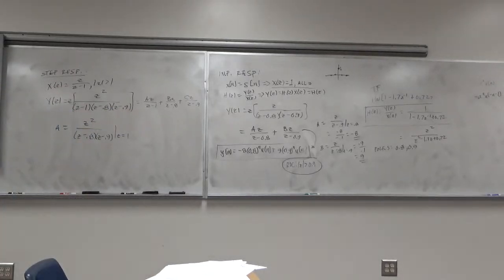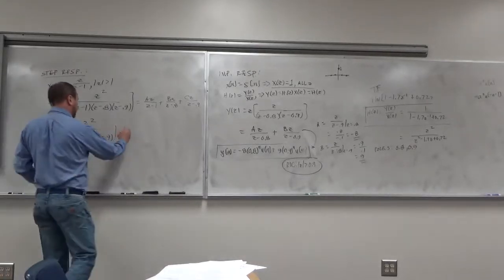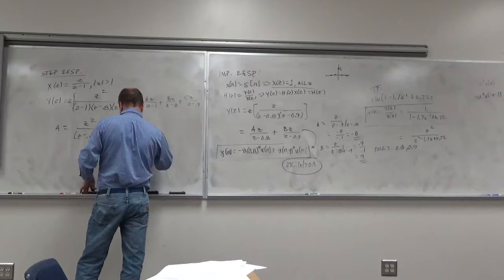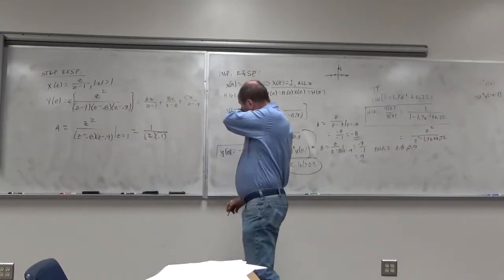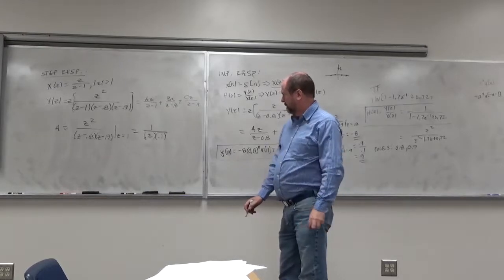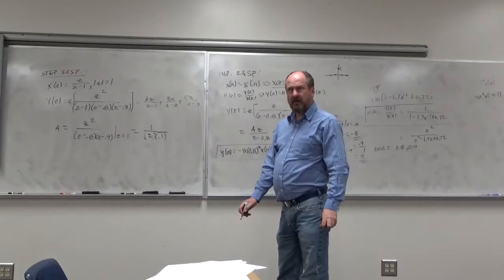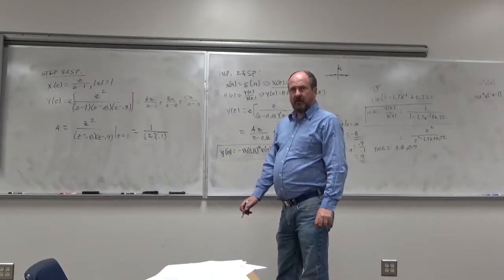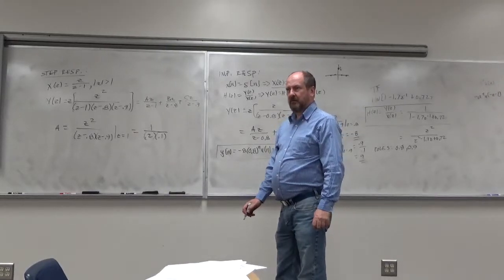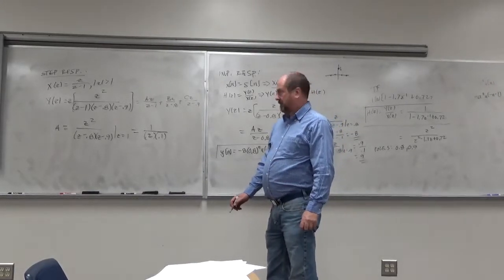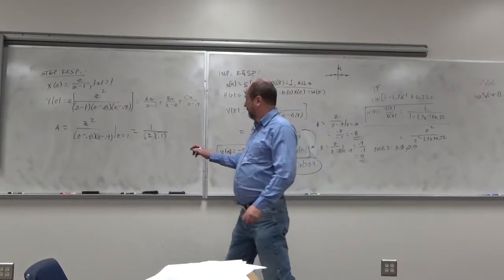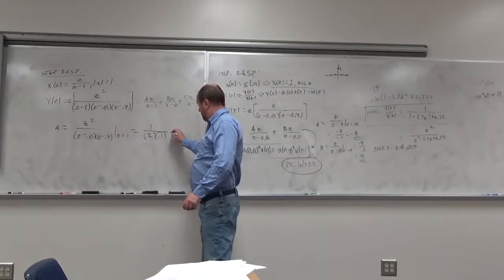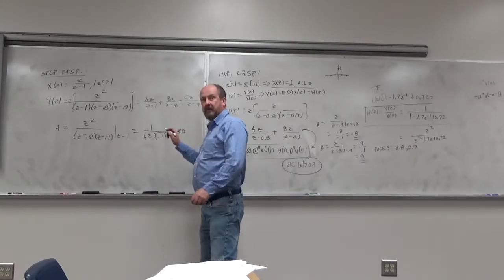Okay, and I am going to evaluate this. What is that? 1 over 0.2 times 0.1. That's a big number. 50? Is that right?